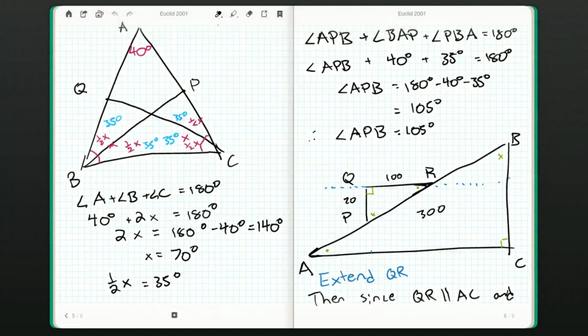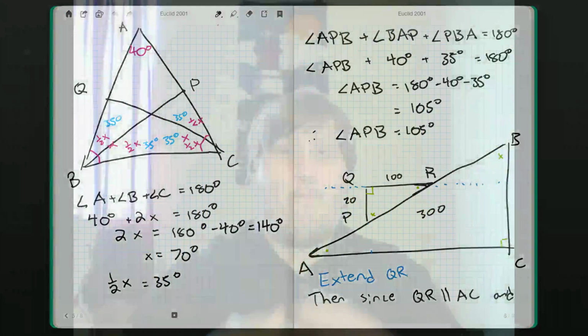But BC, we know that it's proportional to PQ, which is 20. We just need to know what the proportion is. What is the ratio between these similar triangles? We know the triangles are similar, and that means that there is some number that we can scale up each of the side lengths of PQR and get our much bigger triangle BCA.